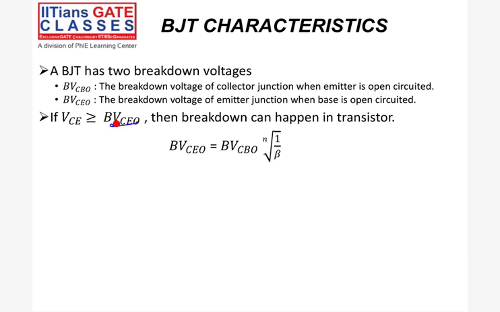This value BVCEO is equal to BVCBO times the n-th root of 1 by beta, where n is a constant value. So this expression we can remember. We have two breakdown voltages, and one depends on the other in this relation.